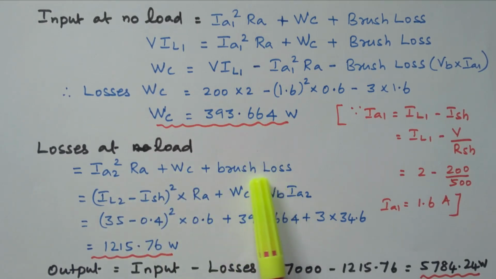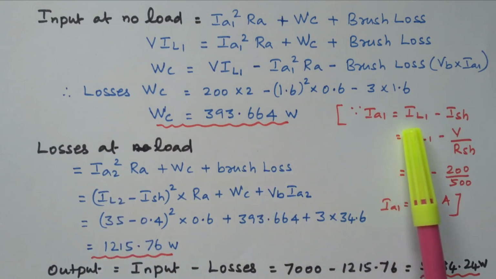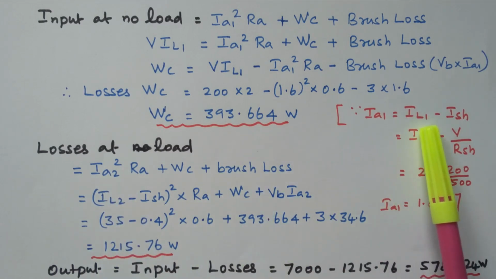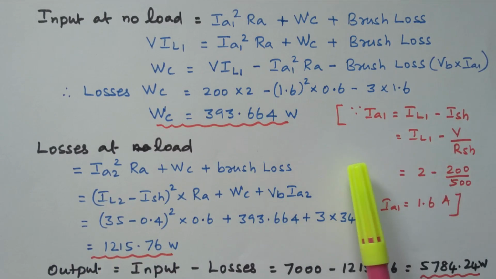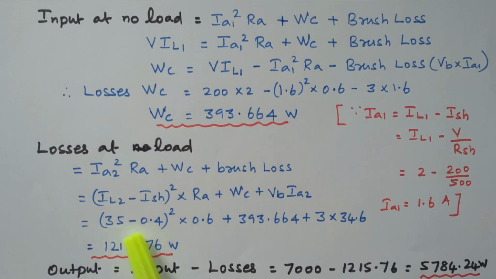IA2 is IL2 minus ISH. Just as IA1 equals IL1 minus ISH, IA2 equals IL2 minus ISH, that is 35 minus 0.4.